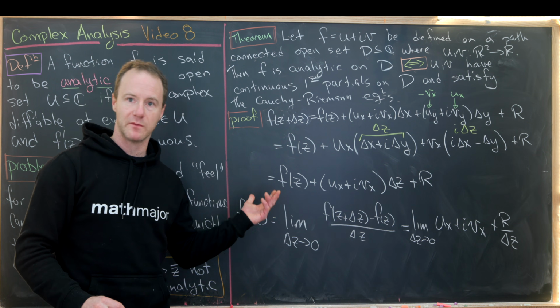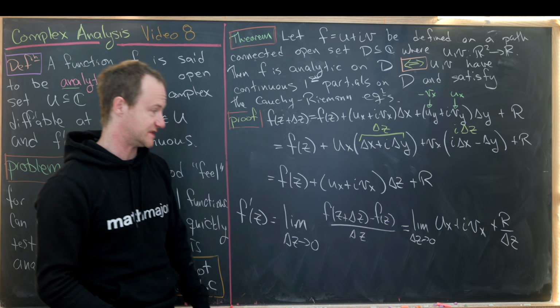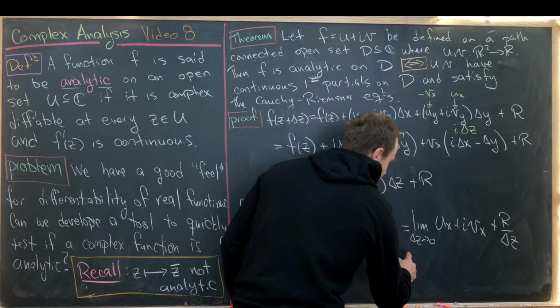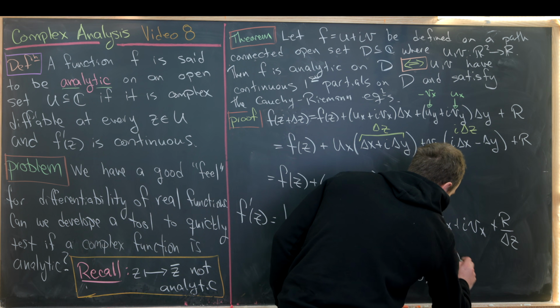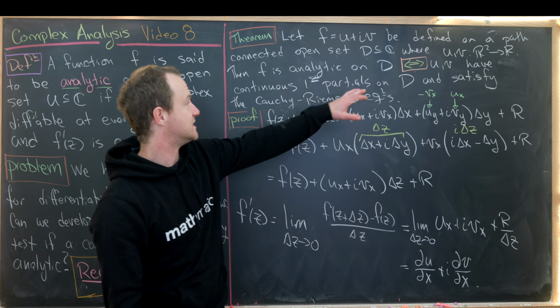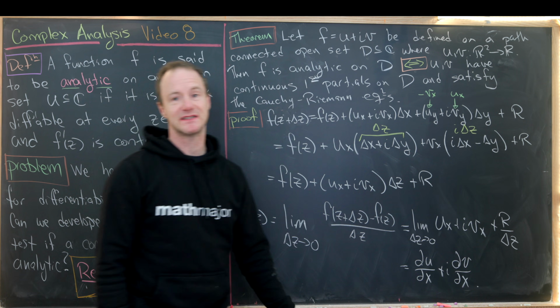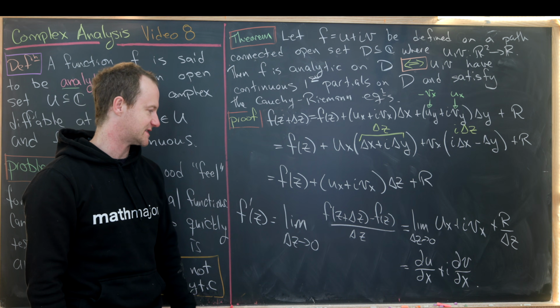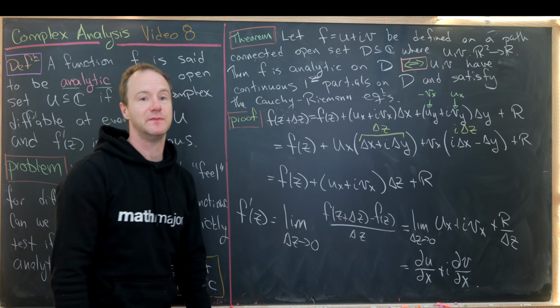But remember that remainder, by Taylor's theorem or the linear approximation, will approach 0. So we're left with the partial of u with respect to x plus i times the partial of v with respect to x. But because u and v have continuous first partials, we know that this object down here most definitely exists and is continuous, but that's what we needed for f to be analytic.